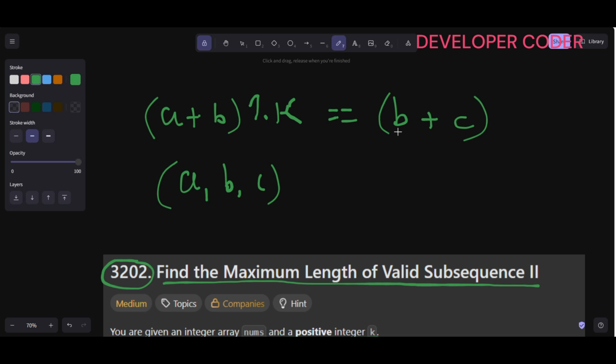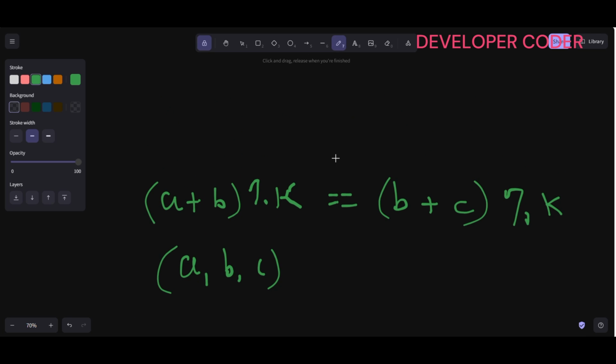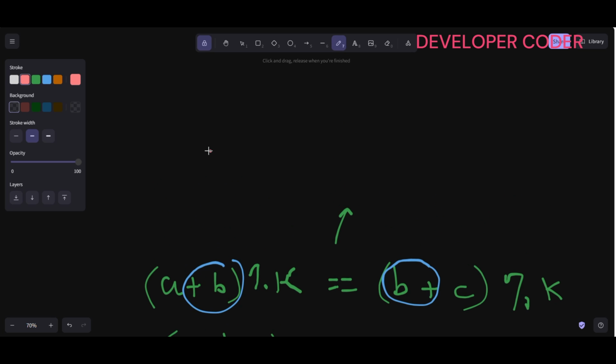Now from here I can say one more thing. Here b is common. B is a common factor, in a plus b and also in b plus c. So I can cancel it out, and I can say that a modulo k is going to be equal to c modulo k.